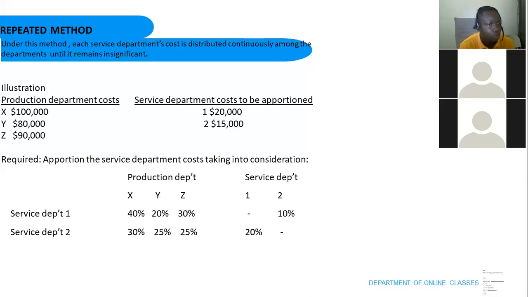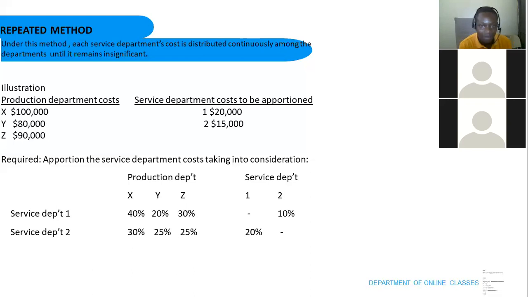Okay, so now we say that when it happens that a service department is rendering a service to other service departments, how can we calculate for all these things? Okay, there are two major methods that can be used in sharing service department costs. One, we have the repeated method, and we also have the elimination method.